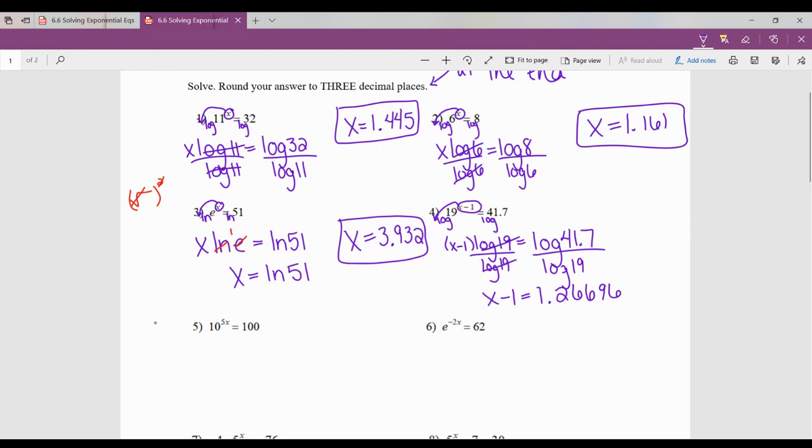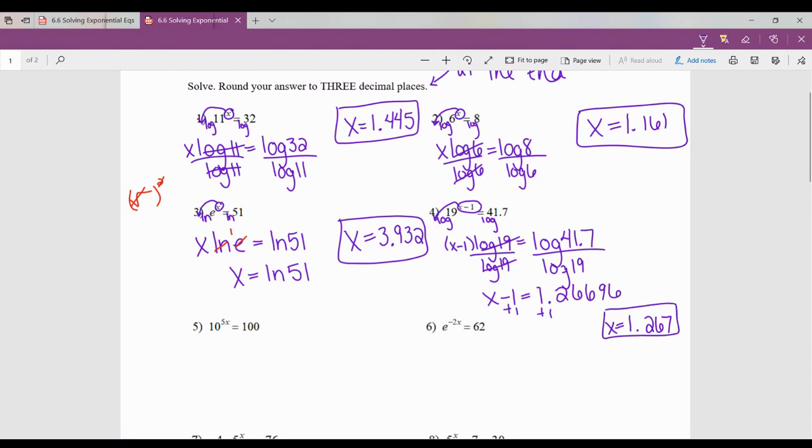Remember, I'm not rounding until the end. So I add 1, so in my calculator, I just hit plus 1. So I get x equals 1.327, to 3 decimal places, 1.326, and instead of a 6, we round up to 7.